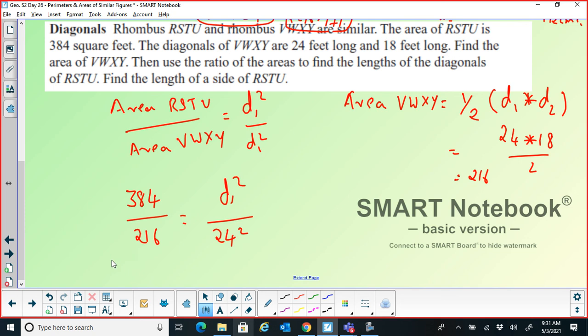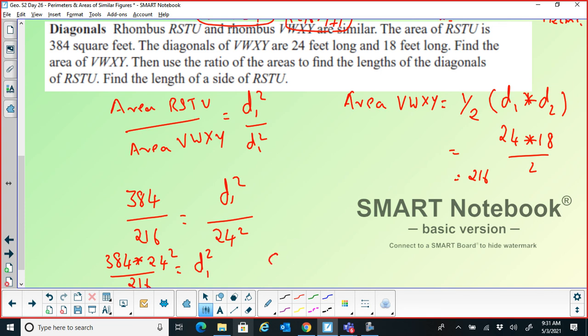So that gives us 384 times 24 squared divided by 216 as the diagonal squared of rhombus RSTU. 384 times 24 squared divided by 216 gives us 1024.